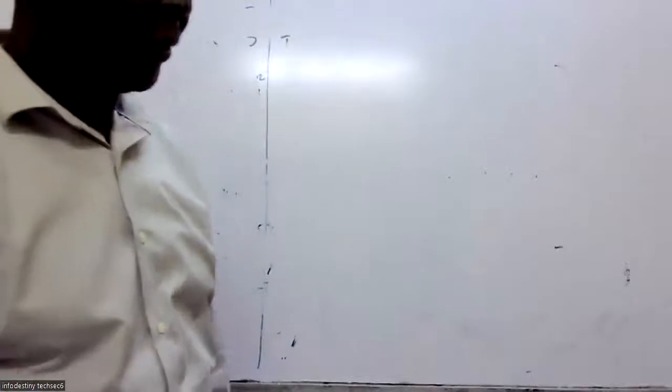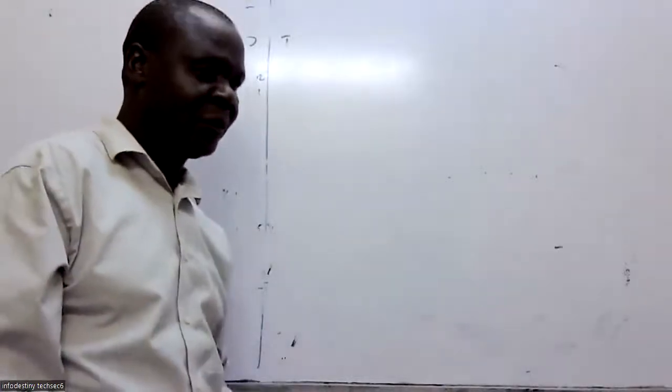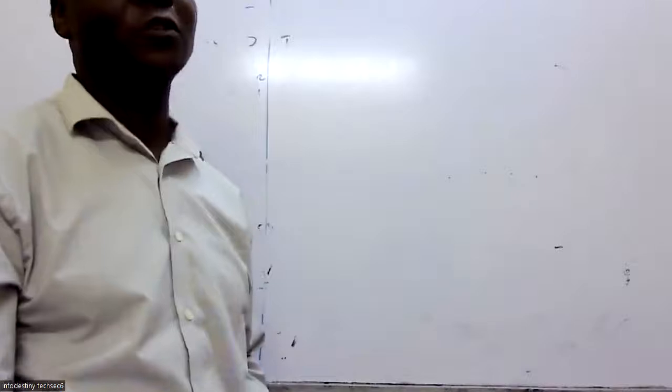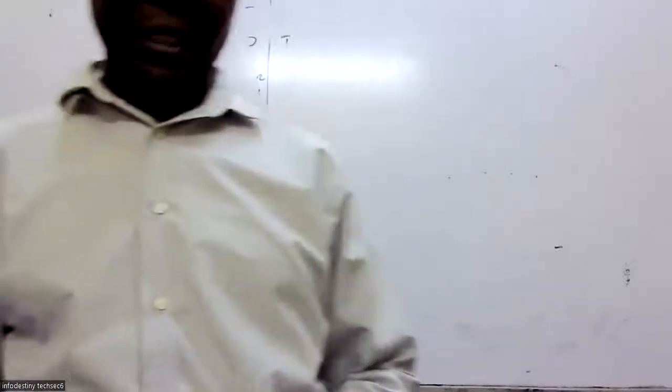So in case you know the derivative, then you can find out the antiderivative, which means we are going to find out the total cost or total revenue. That is what we call the antiderivative.